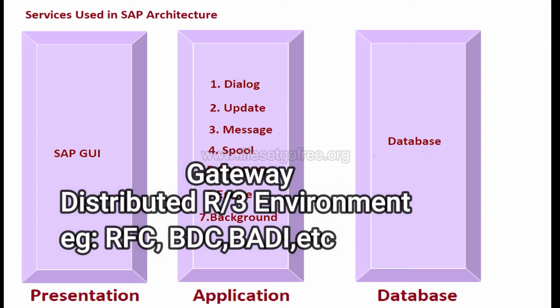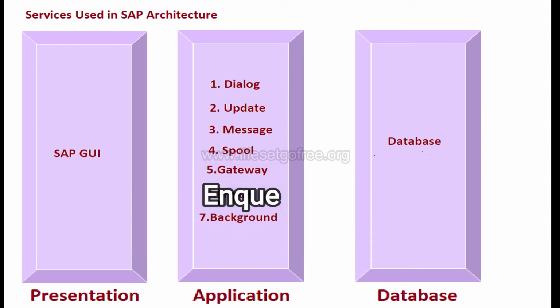After this gateway service, the next one is NQ service. This is also very important. NQ means you always remember it is some kind of locking and unlocking. I think I might have already told you in the last class, but still I repeat it.